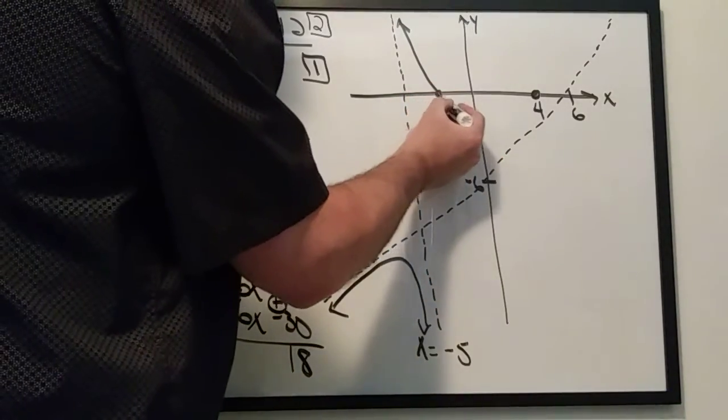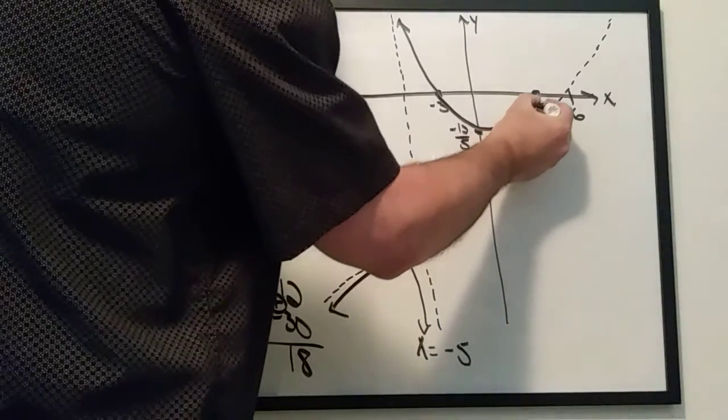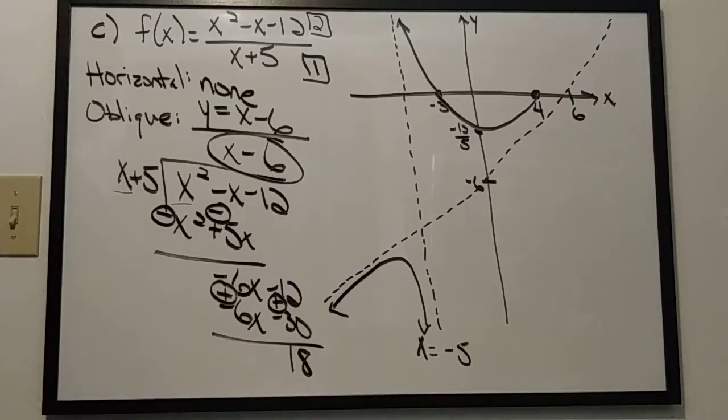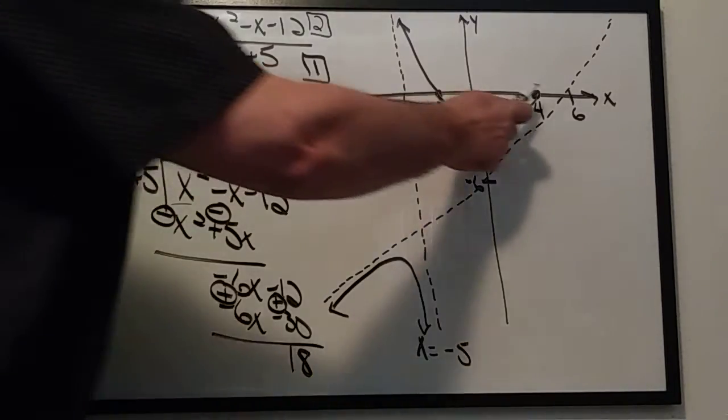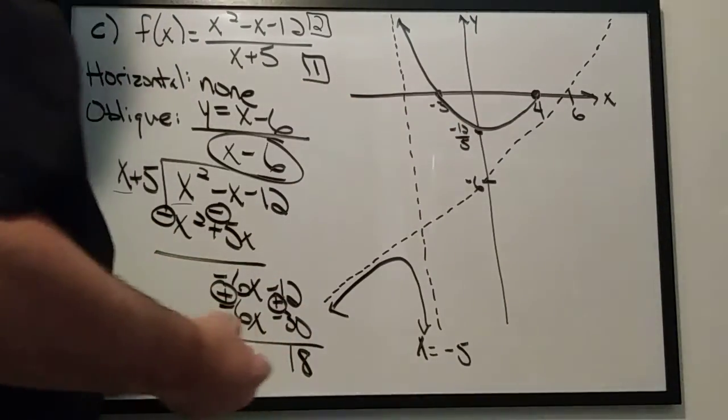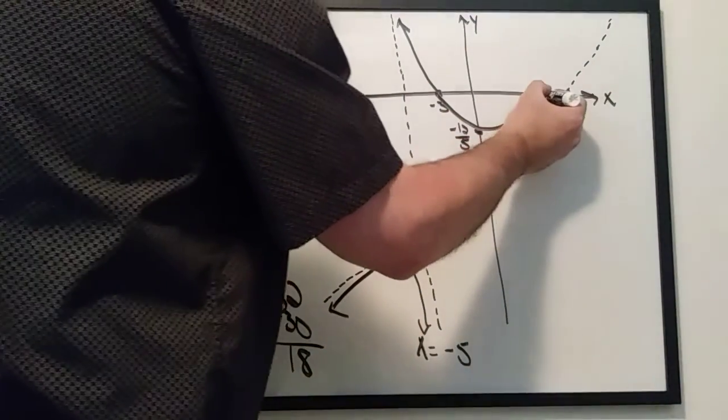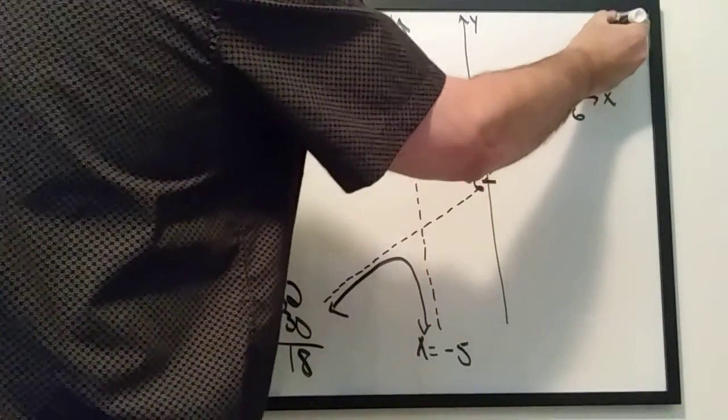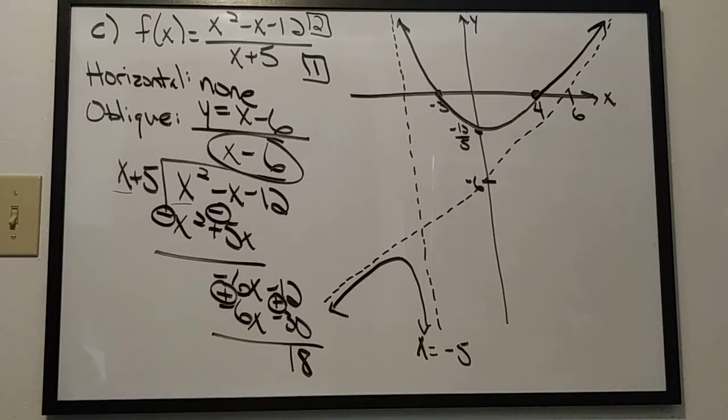So we're going to be below the x-axis and go through all of those intercepts. And then finally, our sign chart says to the right of 4, our graph has to be above the x-axis. And the only other thing that is of interest over on the right-hand side is this oblique asymptote. So we have to approach that oblique asymptote as well. So we'll get closer and closer and closer to that oblique asymptote. So there's our graph for part C.